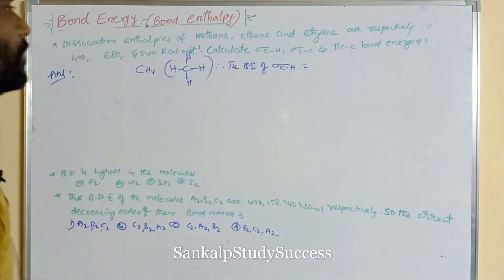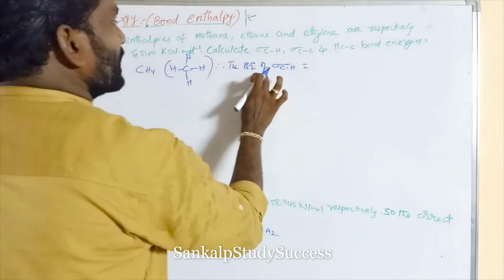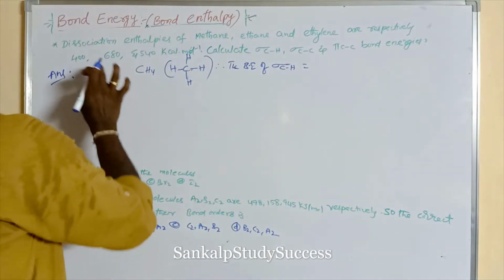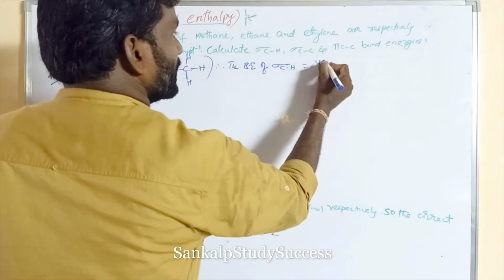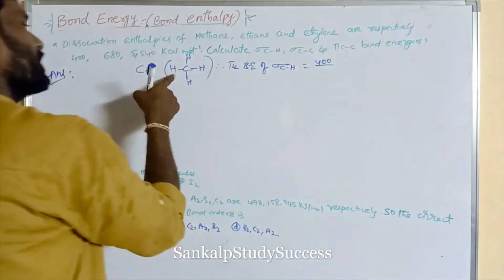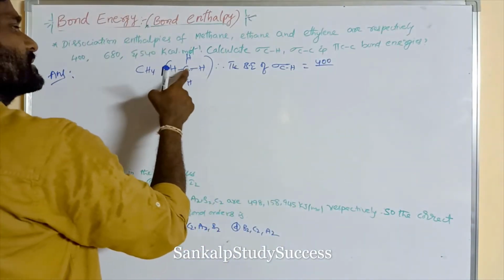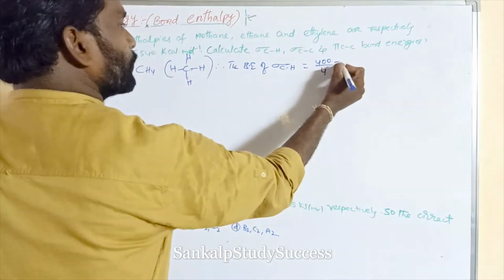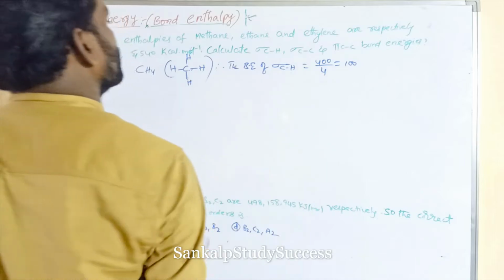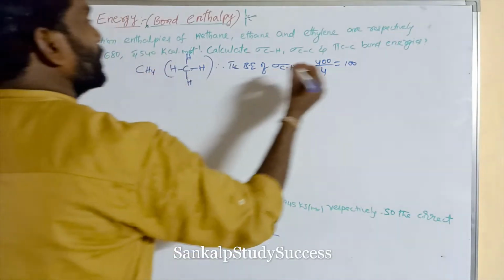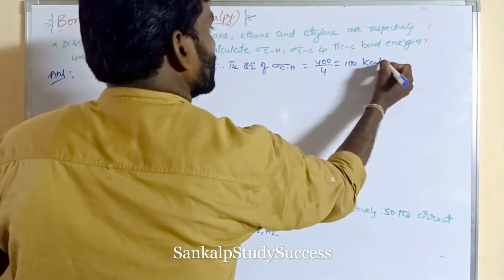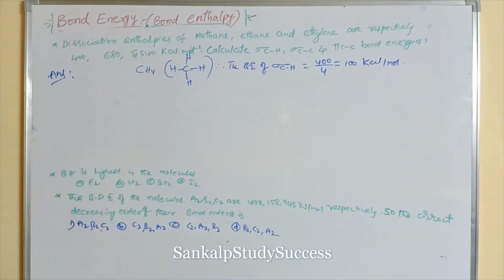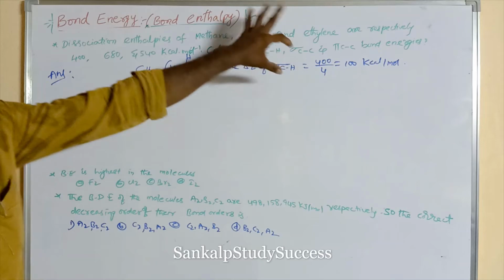Now we want the bond energy of sigma C-H, which is 400 by 4, since it contains 4 C-H bonds. 400 by 4 means 100, in kilocalorie per mole. This is the bond energy of sigma C-H.